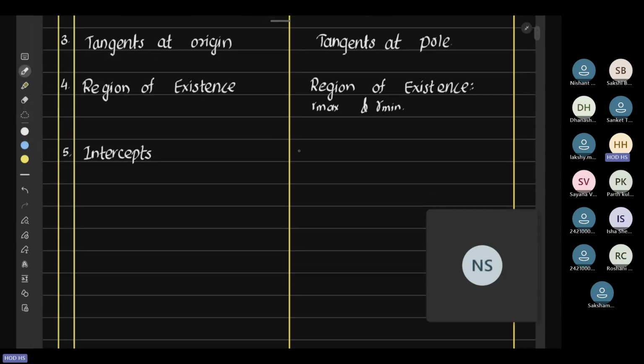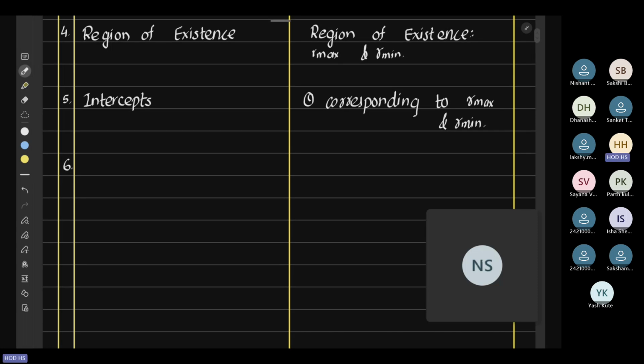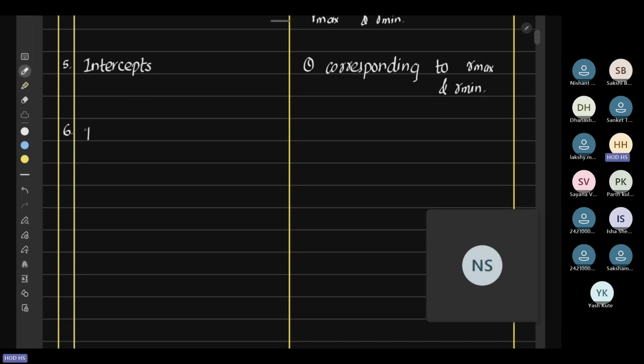Here we calculated theta corresponding to R max and R min. They were similar to our intercepts in Cartesian coordinates. Then later we calculated tangents at the intercepts.